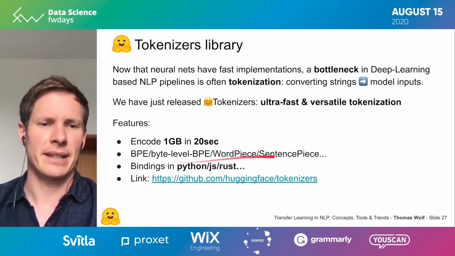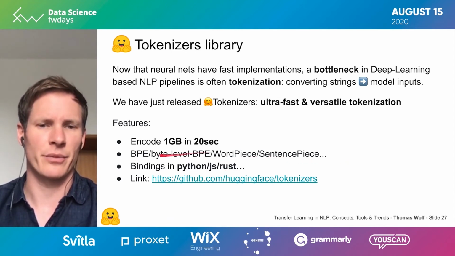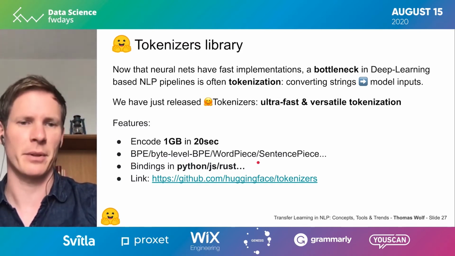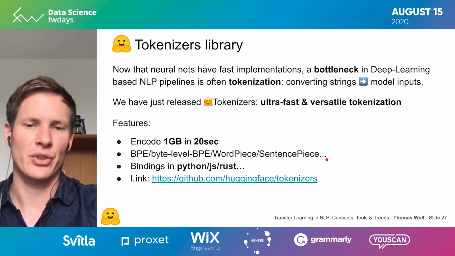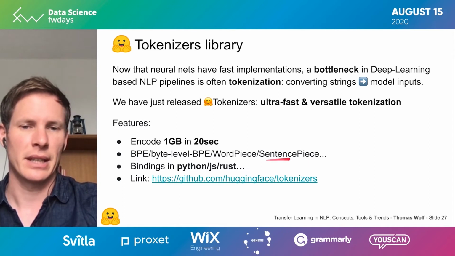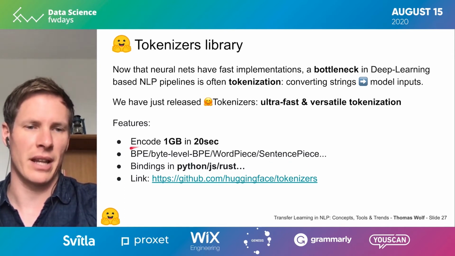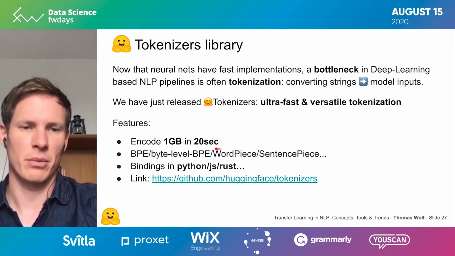And this library takes care of doing the most common conversions from string to token, doing byte pair encoding, byte-level byte pair encoding, word pieces, sentence piece. All these ways to split a string into a list of tokens are handled by the library. It's really fast. It can encode like 1 gigabyte in just a few tenths of seconds.